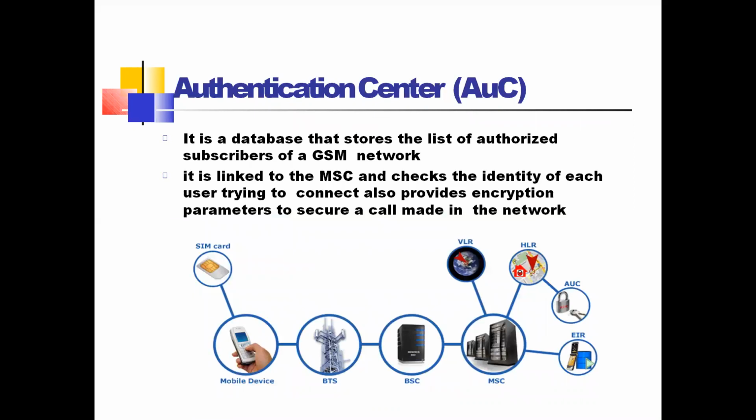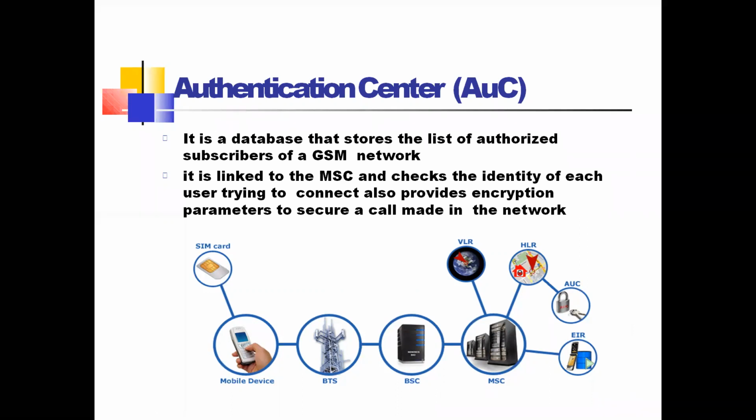It's called the authentication center. The authentication center is also a major part of the mobile switching center. This authentication center is a database which stores the list of authorized subscribers of a GSM network, right?